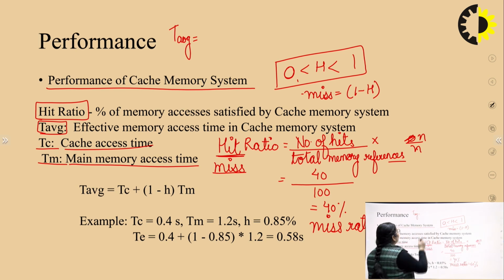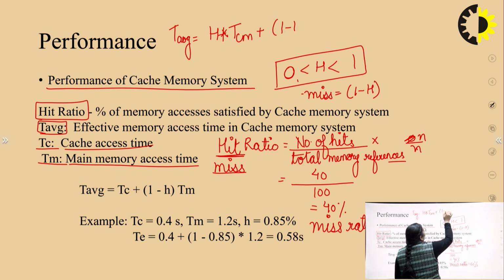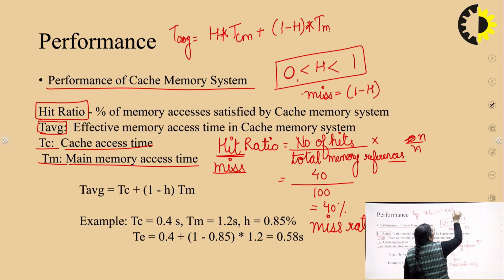So when there is a hit, only the cache memory will be accessed. So if it is a hit, then only the cache memory access time is taken. If the hit was not there, there was a miss, defined by 1 minus h, then our main memory will be accessed.